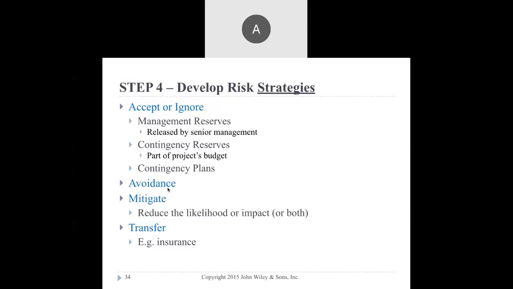Avoidance. Avoidance is possible. We try to avoid it, so we don't need to do that part. Mitigate: reduce the likelihood or impact or both. The impact is reduced. So you already identify that risk, and the strategy is we don't need to do it. We change the plan. For example, rather than creating the chatbot, because we don't have the expertise on the chatbot, why don't we change to only a real agent.